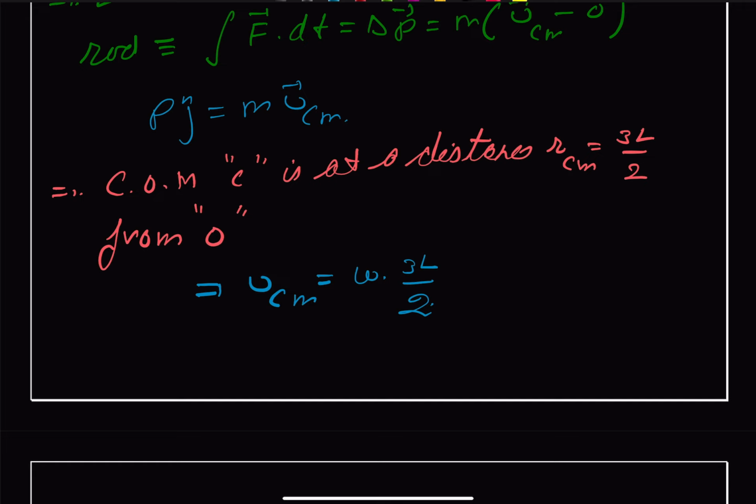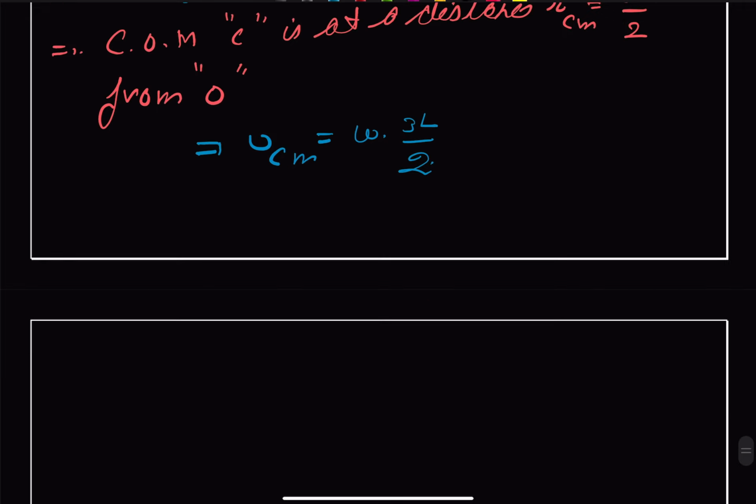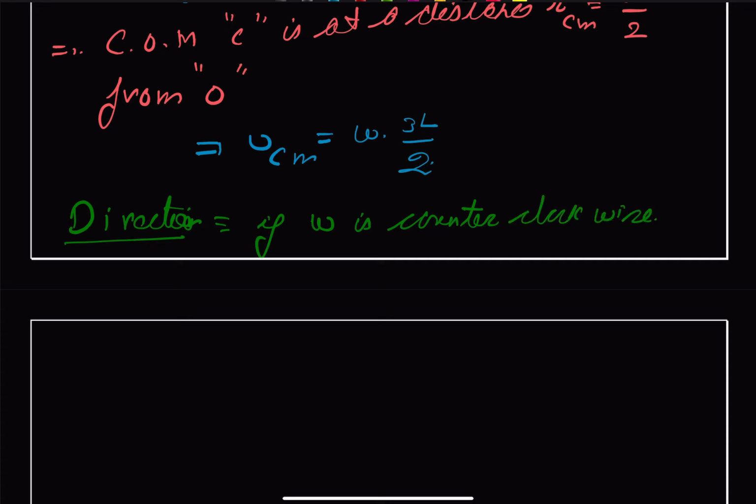With respect to direction, we can say that if omega is counterclockwise, that is k unit vector.